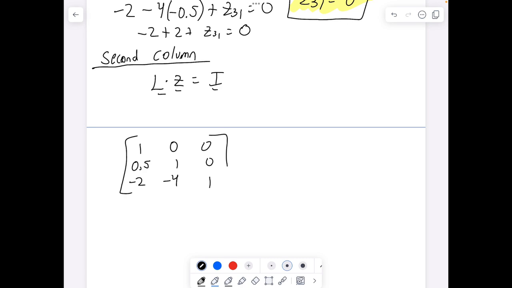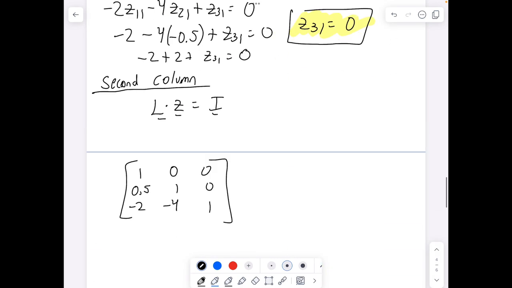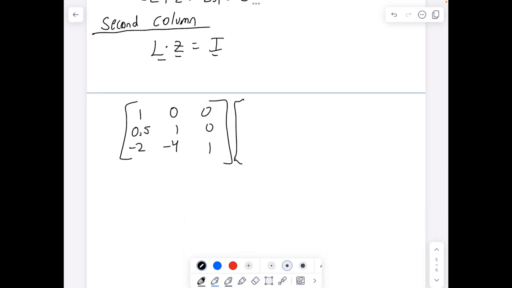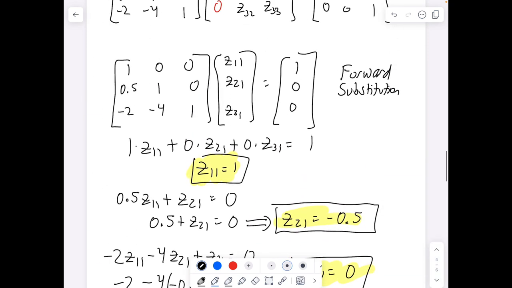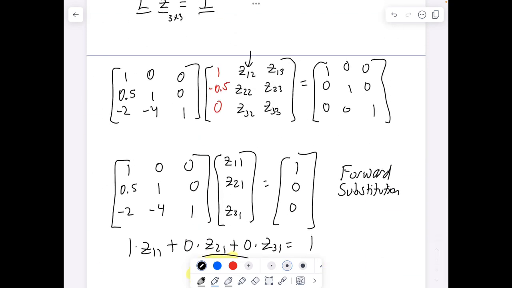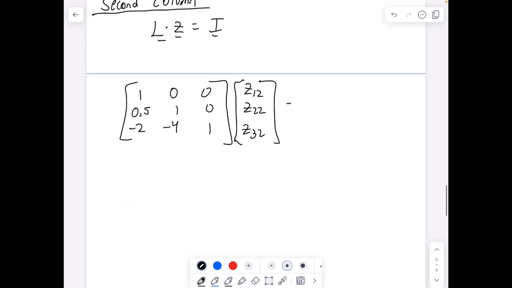Did I do that right? Negative 2, negative 4, 1, yep. So now we'll multiply this by the second column of Z, which is Z12, Z22, Z32. If you come back up, you can see that that is the second column. And that will give us the second column when we do the multiplication, 0, 1, 0.